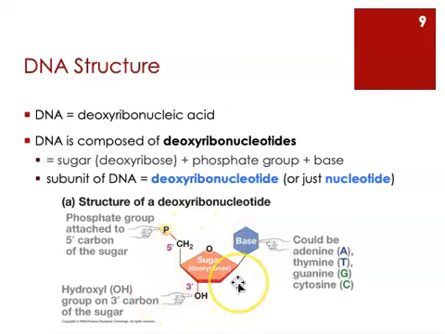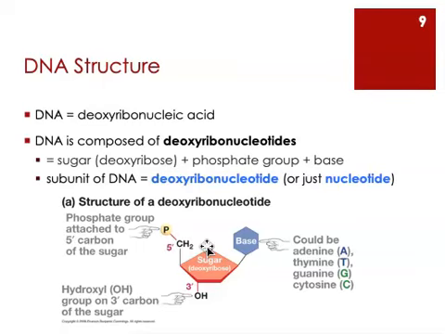In DNA, this sugar is called deoxyribose. So that's where the deoxy part of DNA comes from. It comes from the sugar. You can see that this particular sugar has 5 carbons in it.